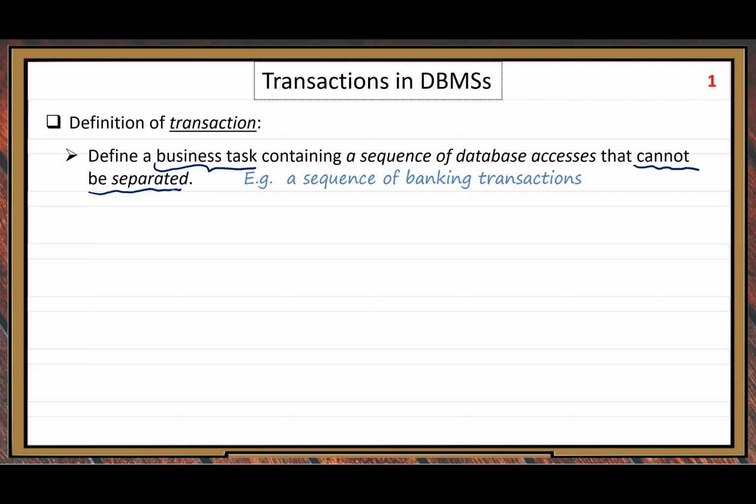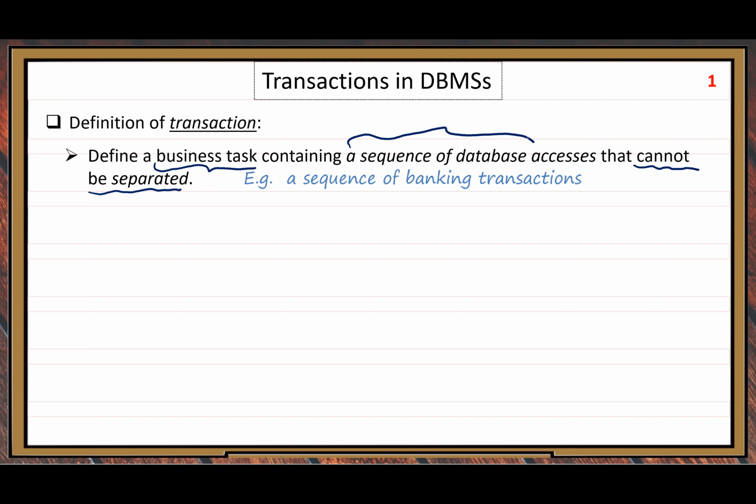That ordinary meaning of banking transactions, but we want to understand the importance of that sequence. In your banking transactions, you retrieve money from one account, then you make a deposit to another account. All right, this kind of transaction.